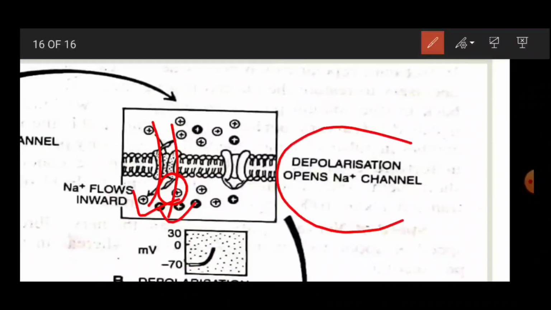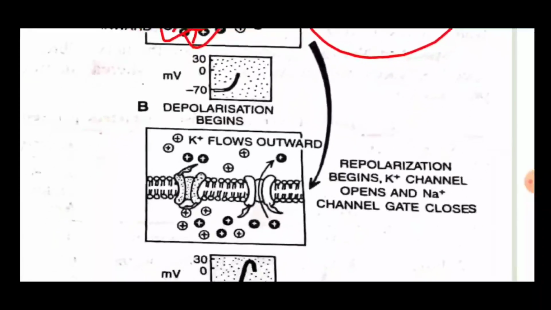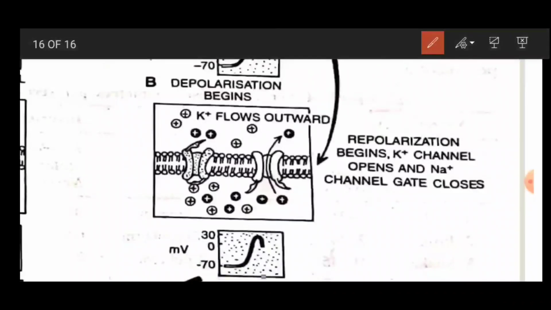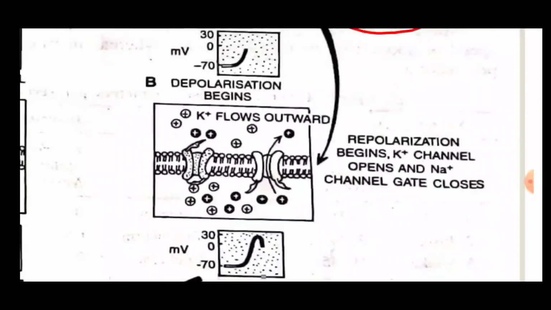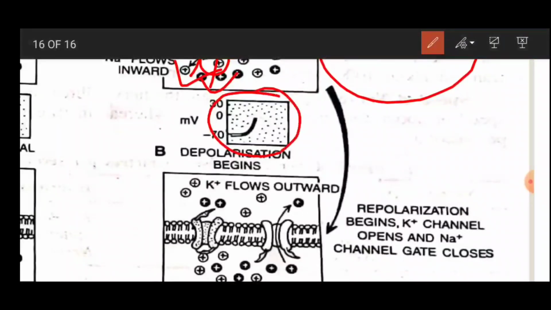This leads to a process called depolarization. Once depolarization starts, you can also see the change in the action potential in this small curve over here. So depolarization has just begun.